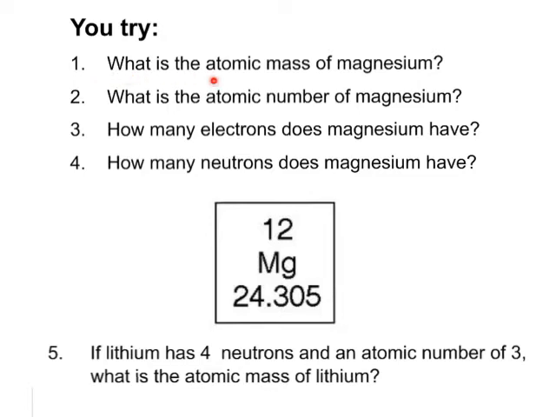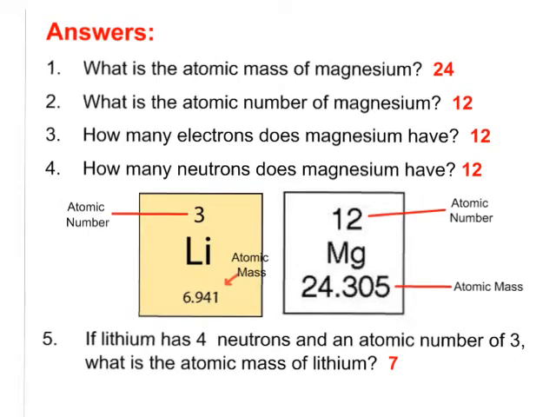So here are some questions. What is the atomic mass of magnesium? What is the atomic number of magnesium? How many electrons does magnesium have? How many neutrons does magnesium have? If lithium has 4 neutrons and an atomic number of 3, what is the atomic mass of lithium? So pause the video, see if you can answer those questions, and turn it back on and see if you get the right answer.